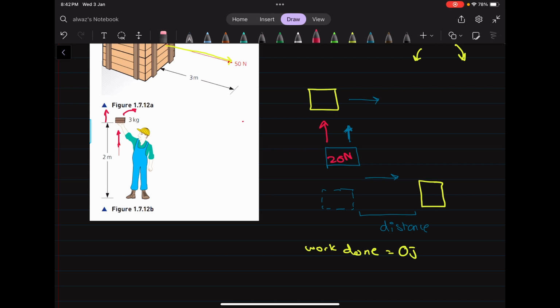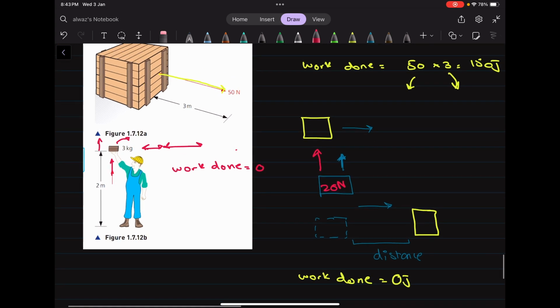It remains 2 meters. The only thing that changes is its horizontal position, like it moves right or left. It doesn't go upward or downward. The direction of force is upwards, but it does not move vertically. So the work done is 0.